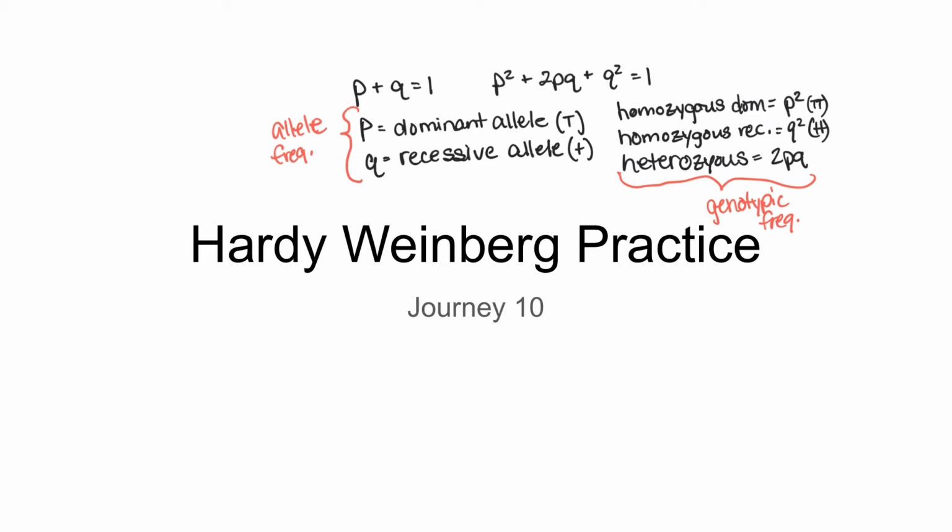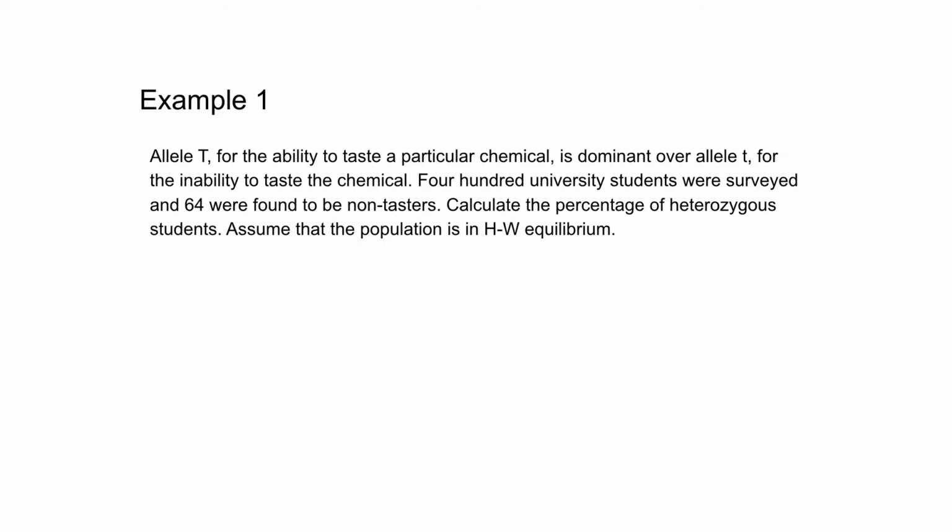With our first example, it says the allele T for the ability to taste a particular chemical is dominant over allele little t for the inability to taste that chemical.